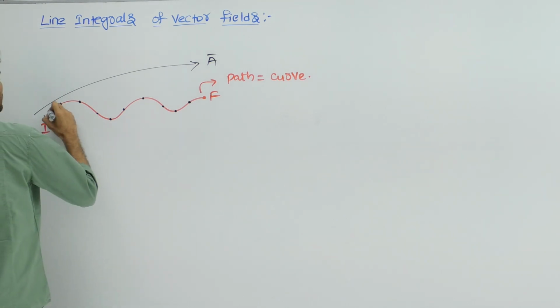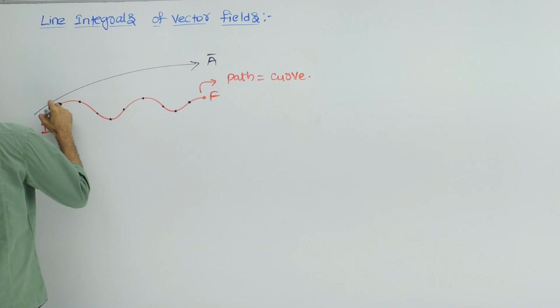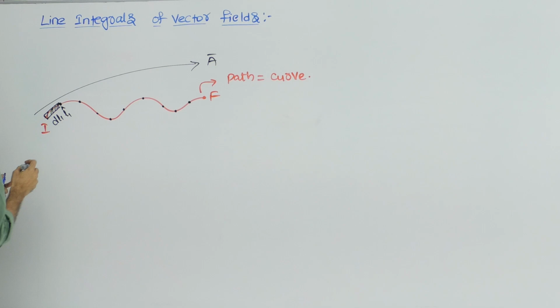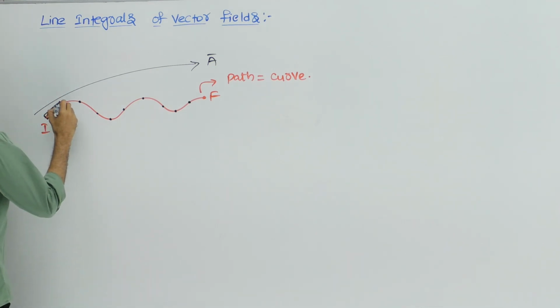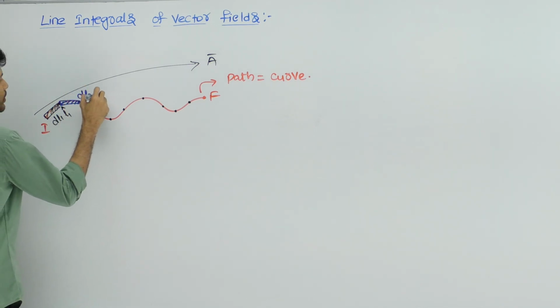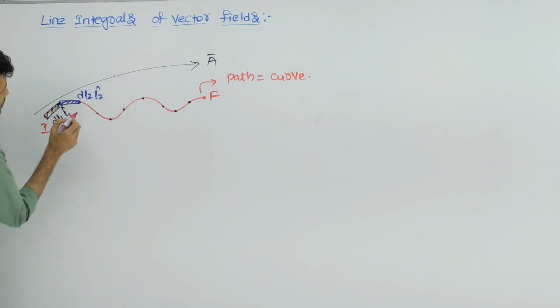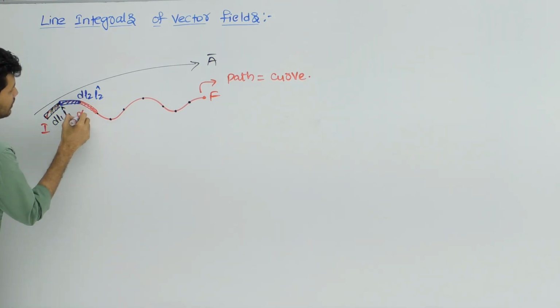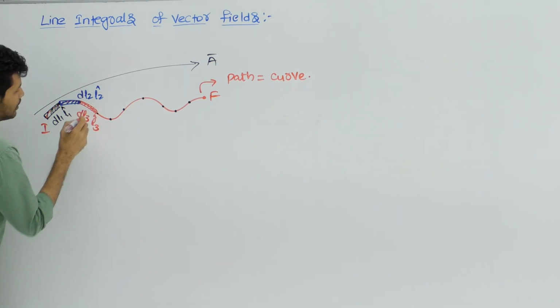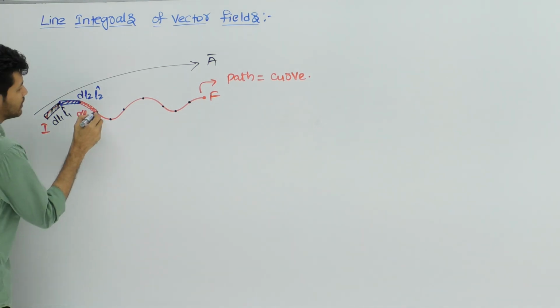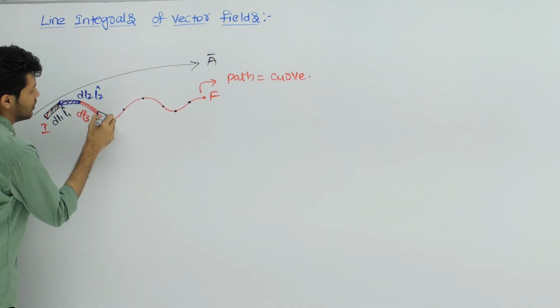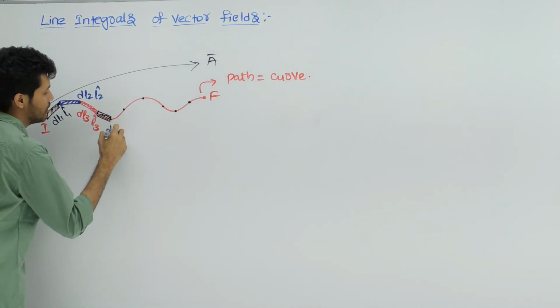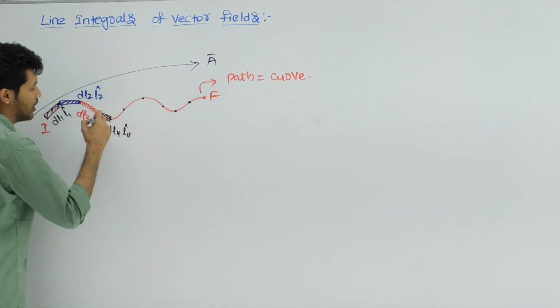And let me call the first part dL1, L1 cap, the second part dL2, L2 cap, the third part dL3 into L3 cap, and this is the fourth part, dL4, L4 cap, and so on, okay.